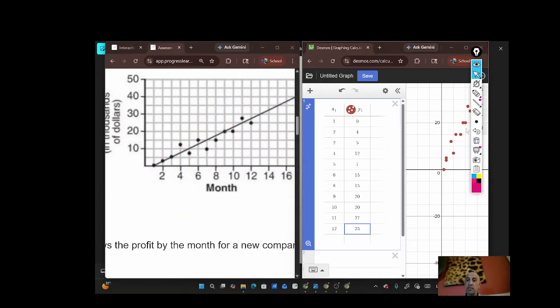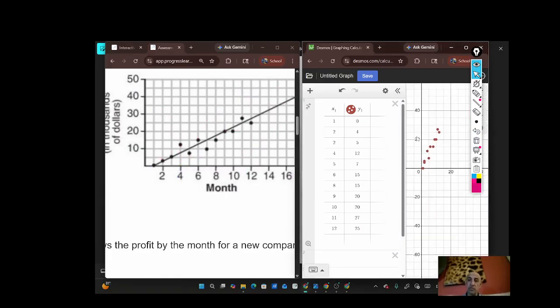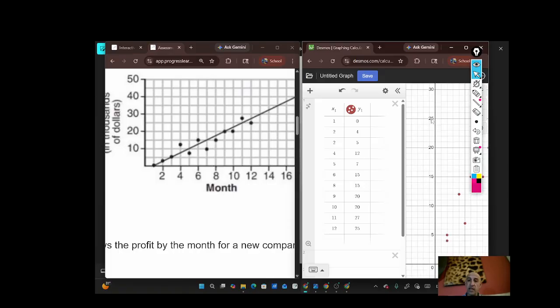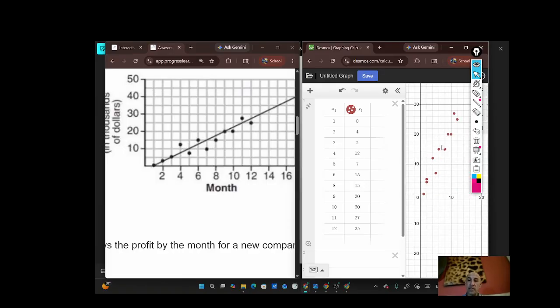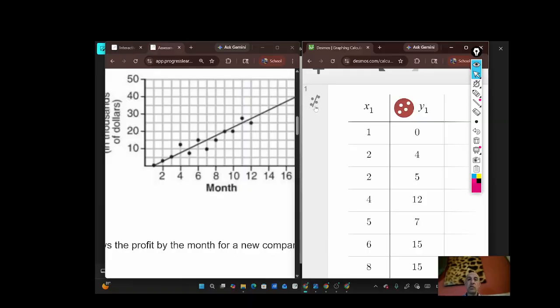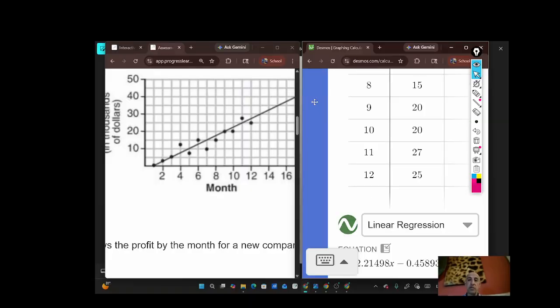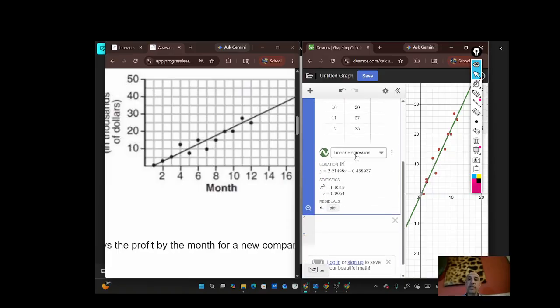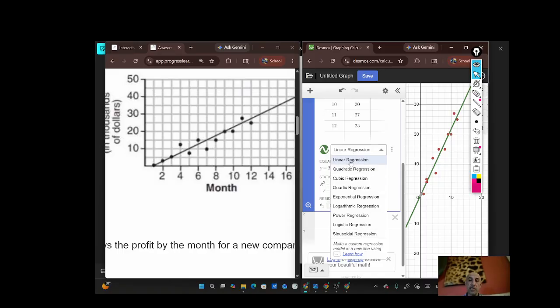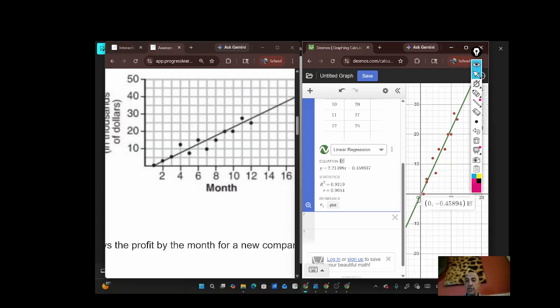As we can see, Desmos gives me the scatter plot like this. Now I can generate the equation using add regression. Click on that. When you add regression, you need to choose linear regression, not other options, because what we have is a line. Look at this. Here is the line.